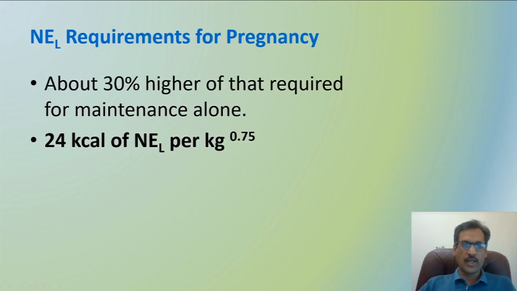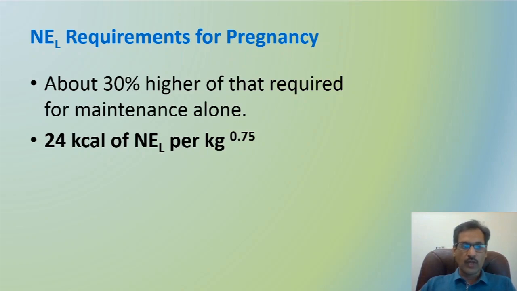In the same way, we can calculate net energy for lactation requirement for pregnancy. It can be calculated in two different ways. One way is to simply get a 30% higher value than the maintenance. Like if the animal requires 8 kilocalories of energy, you have to add 30% more to that. 30% of 8 is 2.4, so that animal will require 8 plus 2.4 kilocalories of energy.